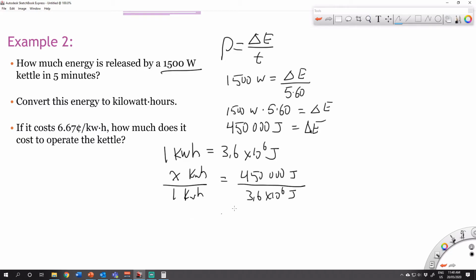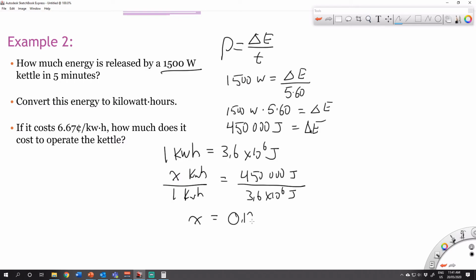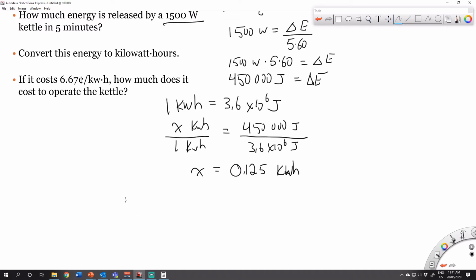We can cross multiply, divide, and we get 450,000 divided by 3.6 times 10 to the 6, so the total is 0.125 kilowatt hours.